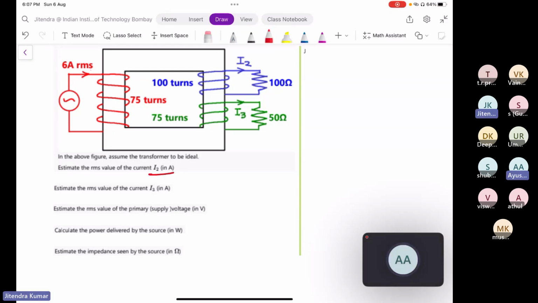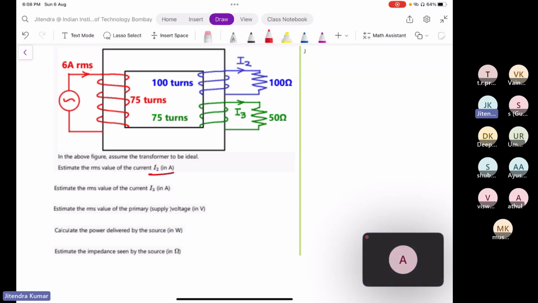Sir, supply voltage is not given. No, supply voltage is not given, only primary number of turns and current is given. Sir, we have to find the voltage per turn, no? We have to find primary voltage. Yes, sir. And it is not given, then how to proceed?